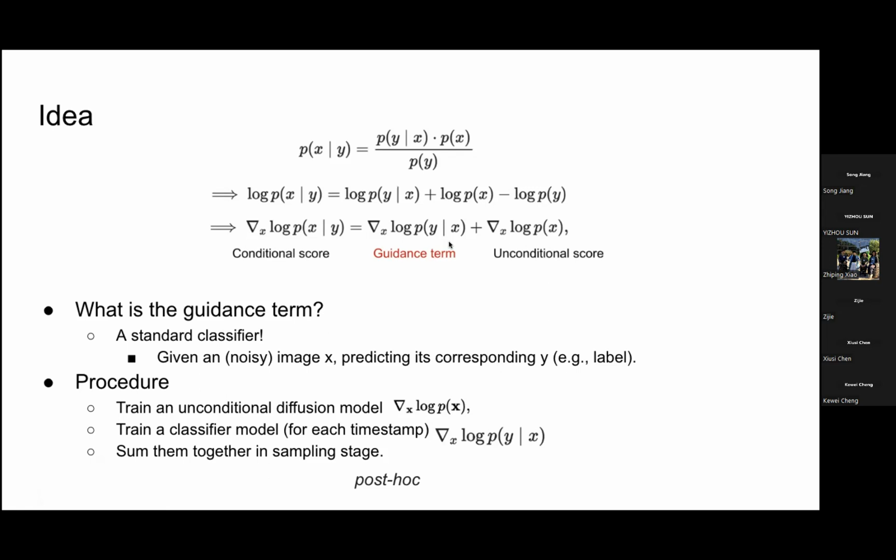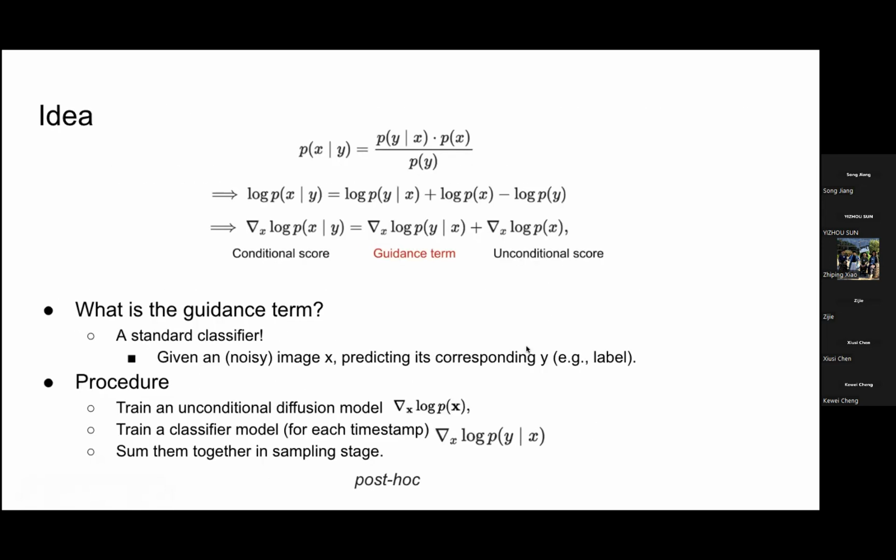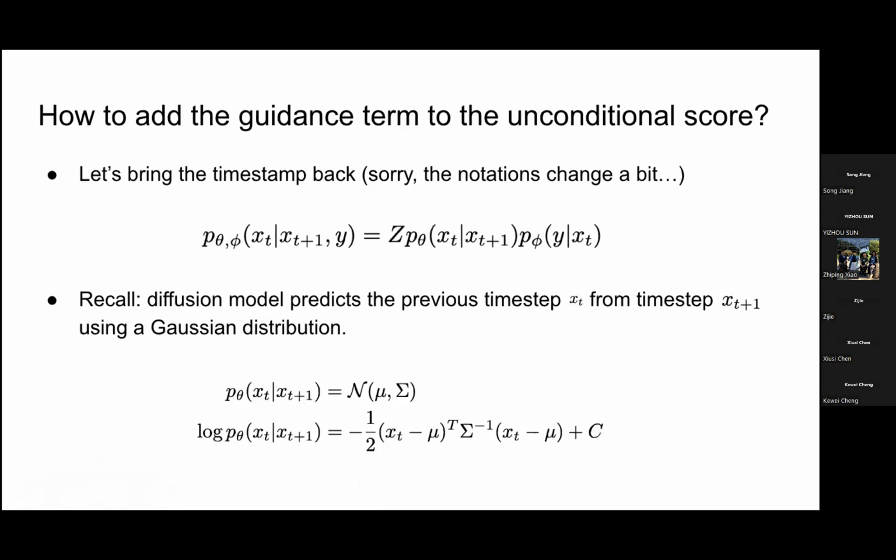Then we can have the conditional score, the conditional generation. This is our goal, and this is also called post hoc conditioning, because post means post training, right? We only combine them in the sampling stage. And this is the idea of classifier guidance. So how should we add this guidance term into the unconditional score?